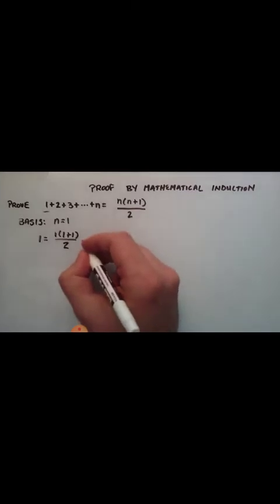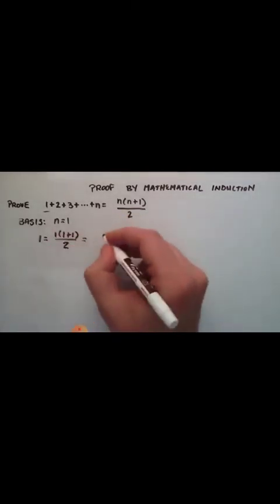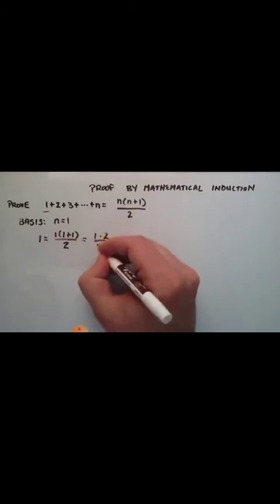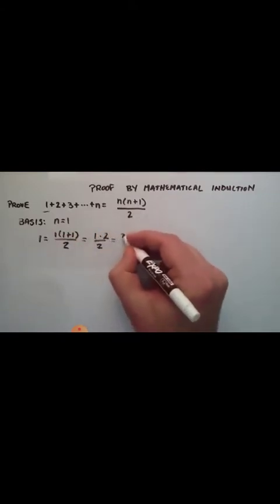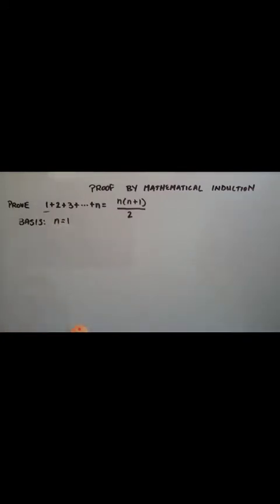Putting n is equal to 1, the left hand side is equal to 1, and putting n is equal to 1 in the right hand side, it is also 1. So this equation is balanced for n is equal to 1.